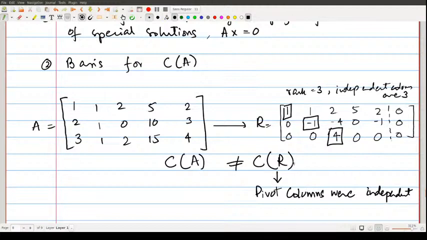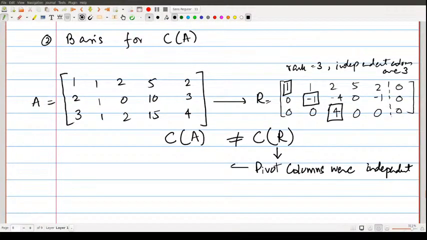But I can't take those columns from R. I have to take those corresponding columns from A because I'm looking for the column space of A. So a basis for the column space of A is going to be the first column, the second column, the third column. For example, if this was 4 and this was 0, then R would have told me the first, second, and fourth columns. So I would take the first, second, and fourth columns, right?